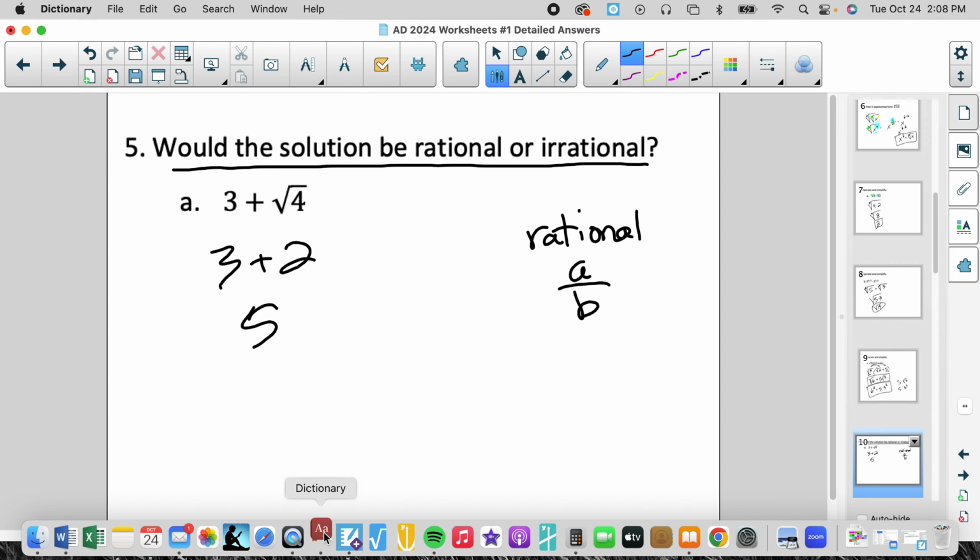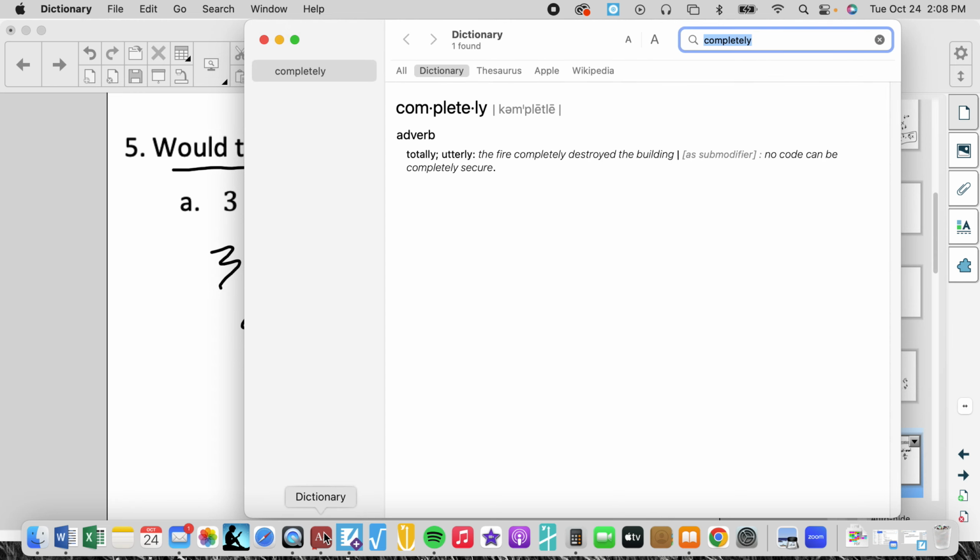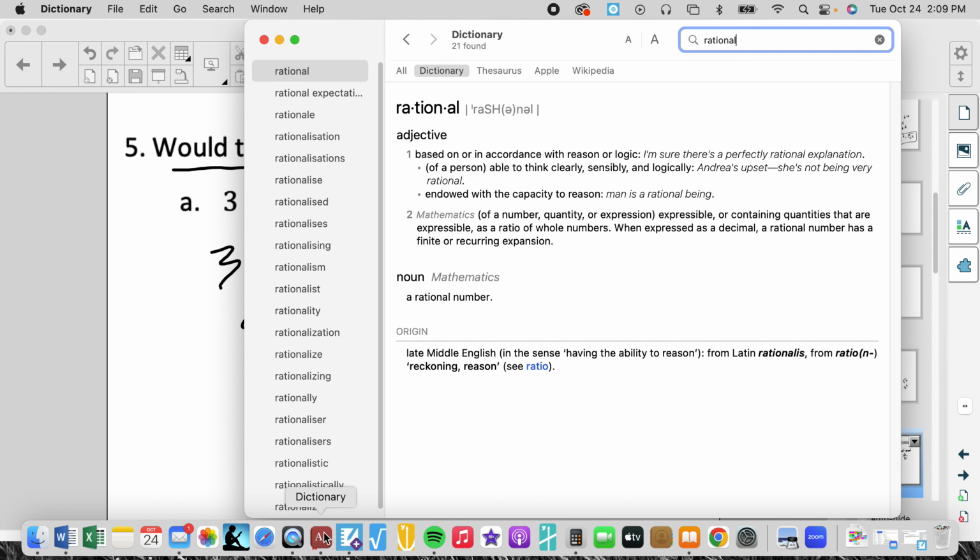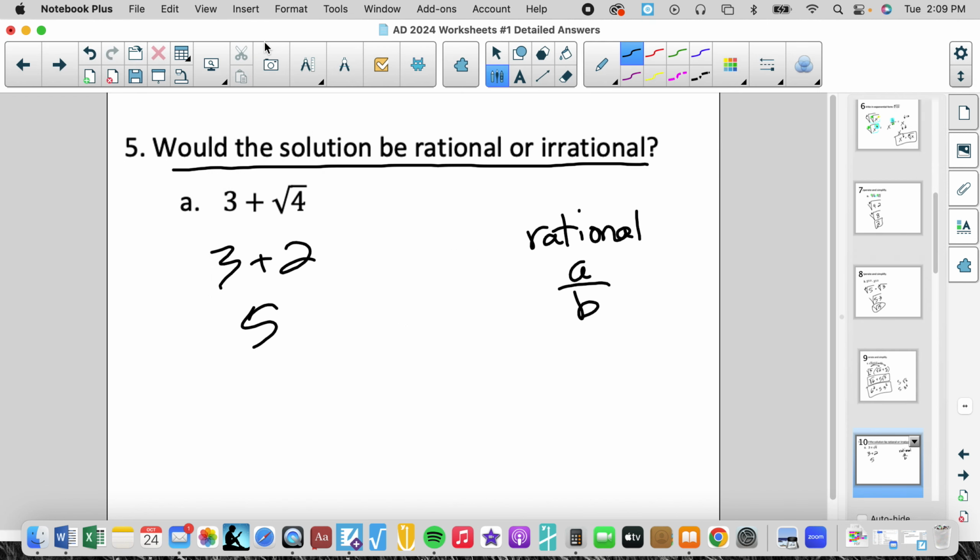Yes, a mathematical expression containing quantities that are expressible as a ratio of whole numbers. Well, whole numbers? No, it has to be integers because we can have negatives. A negative number is still considered rational.